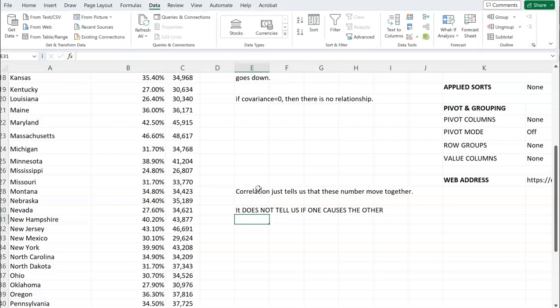So we need other methods, and that's where economics comes in. We need other ways to figure out if one number makes the other number move. That's where we need economic theory and economic understanding to figure out whether it is educational attainment that is causing per capita income to go up, or increasing per capita income that is causing education to go up. But correlation itself does not tell us that there is causation.